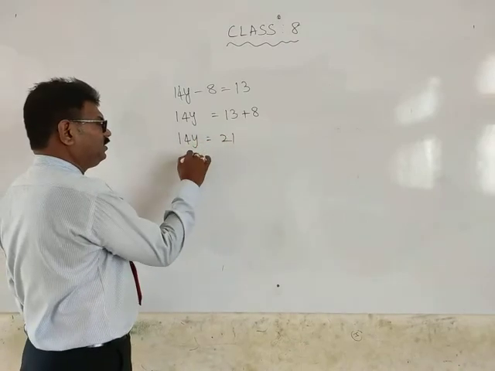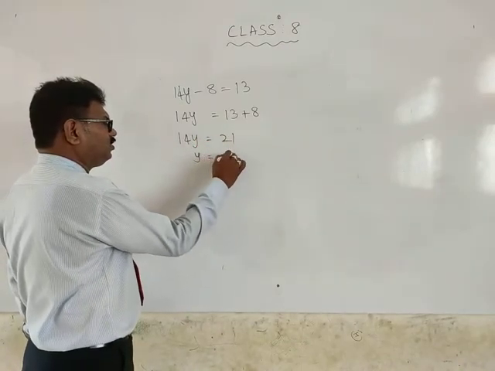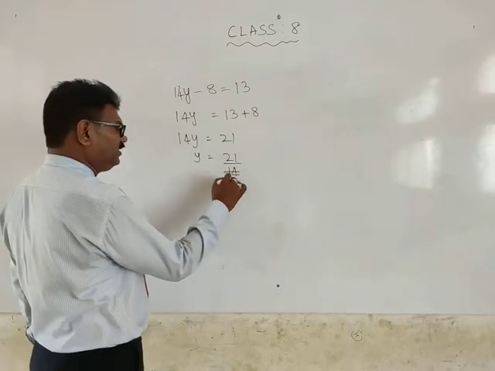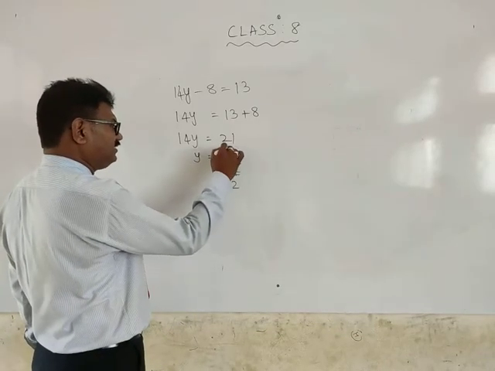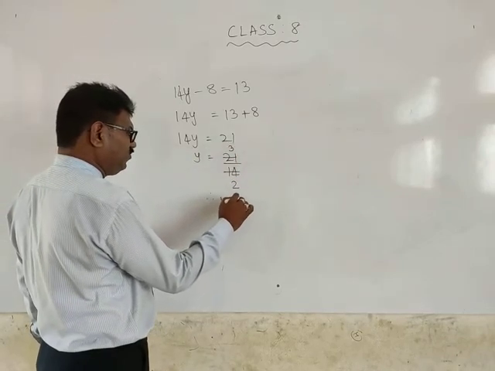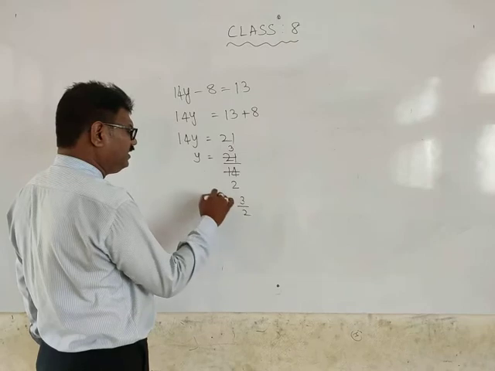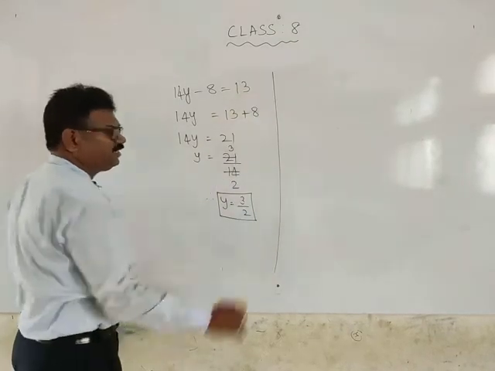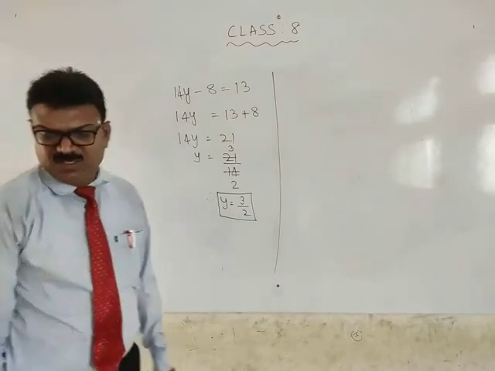Very good. Now y is equal to 21 by 14. Now you see, 7 twos are 14, 7 threes are 21. Therefore, what is the value of y? y equal to 3 by 2. Do you understand? Yes.